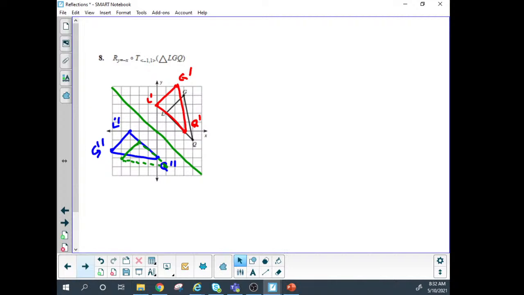But like Jeffrey's saying, that's not always going to be the case, and we'll see soon. Doing a composition of different transformations, we can end up with different things. The order does matter, and maybe counterintuitively, we're going to go from right to left, the thing closest to the input.